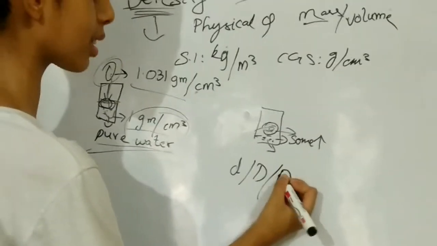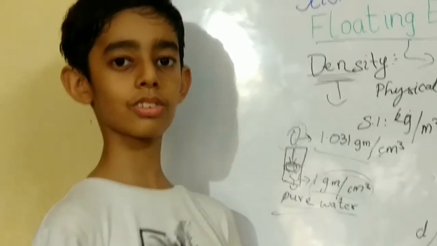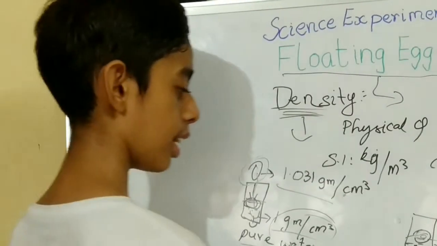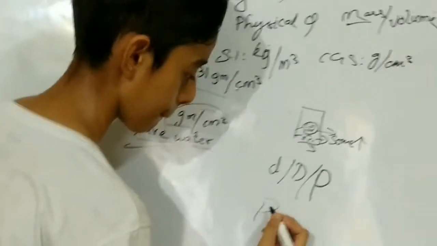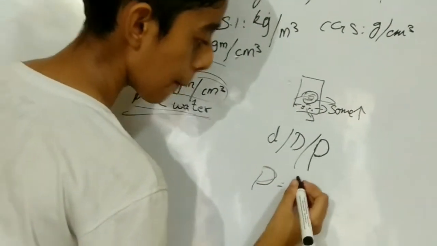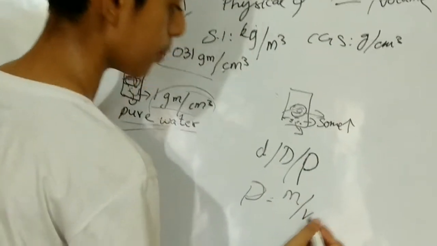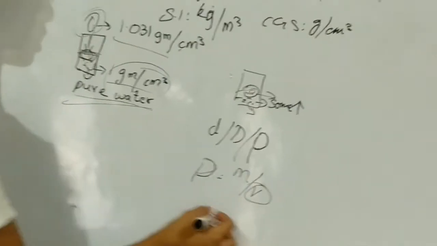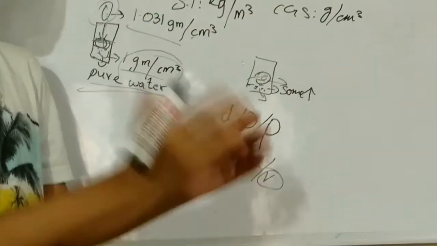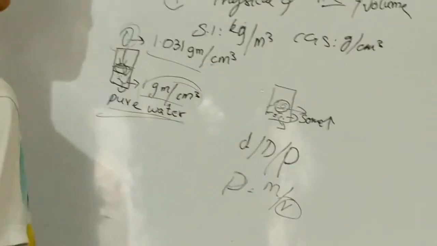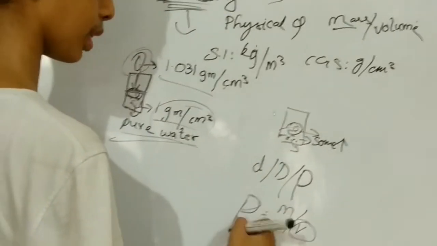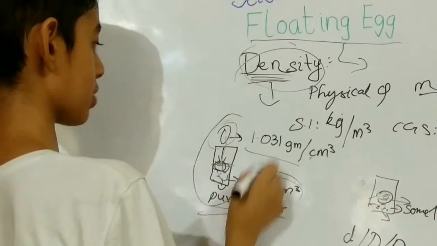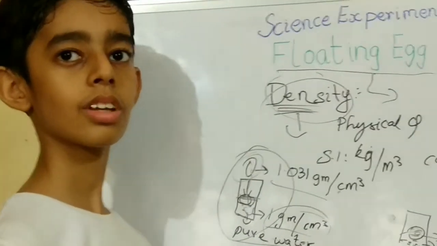It's like P, but it's not a P. And the formula is mass by volume. And here volume is nothing but the shape, and it's in three dimensions. In this manner, this whole density concept works, and this experiment worked for us.